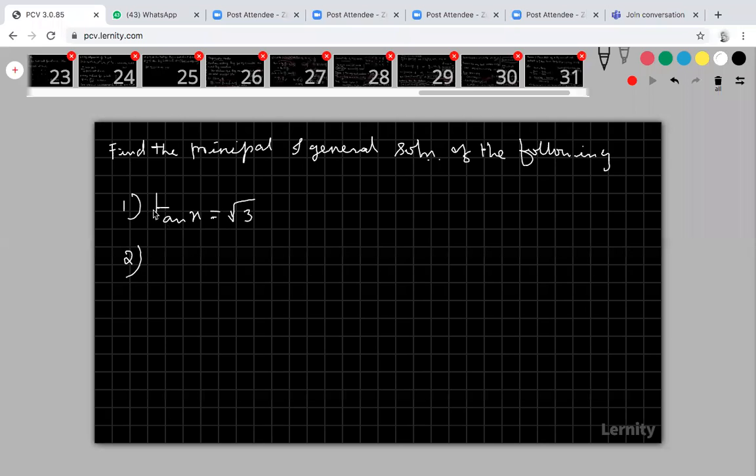Second, secant x is equal to 2. 3, cot x is equal to minus root 3. And 4, cosecant x is equal to minus 2. Please find the principal solution and general solution for these problems. These are exercise problems only.